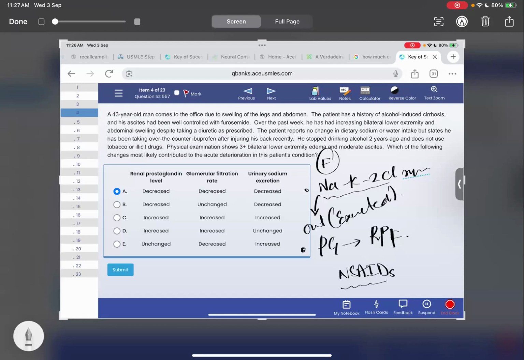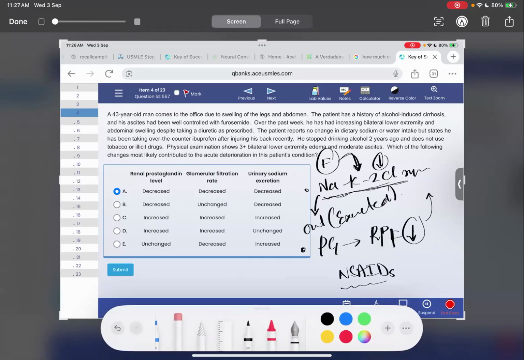NSAIDs decrease the plasma flow, so we have decreased plasma going through these channels. The overall effect on these channels is decreased. Got this? Yes, sir. Thank you so much.